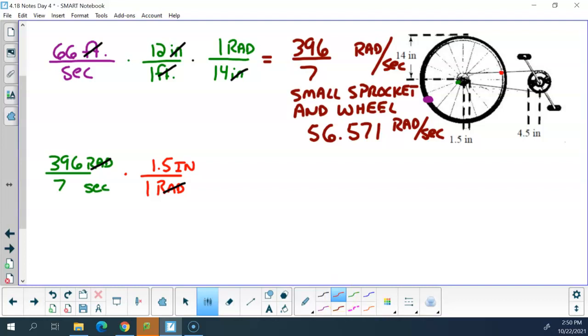The chain is moving at a constant rate at all points on the chain, yes? Okay? So that means that I'm really on the edge of my big sprocket, correct? So now, we'll go blue. I can use the fact that there are 4.5 inches in 1 radian on the big sprocket.